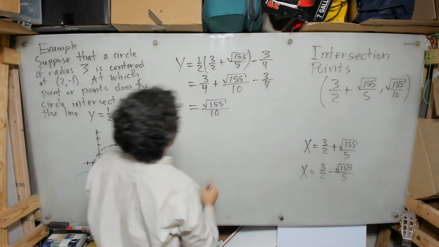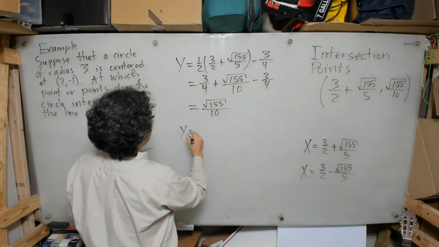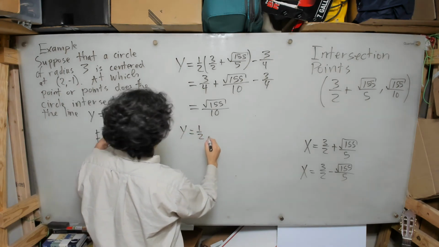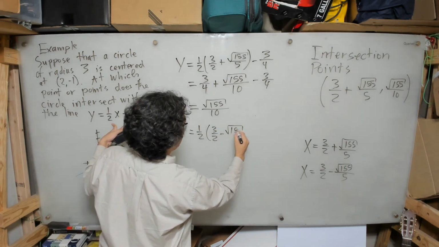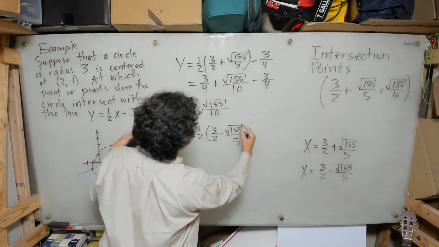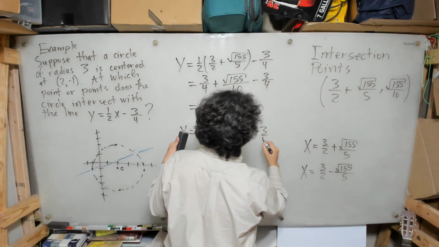Okay, that's one of my intersection points. My other intersection point, I'm going to plug in my other one. So y equals 1/2 times 3/2 minus the square root of 155 over 5, minus 3/4.